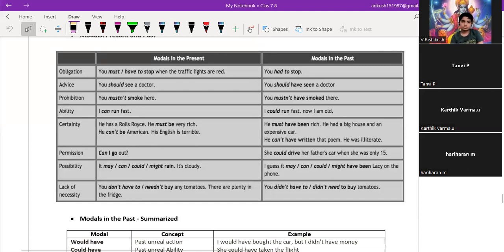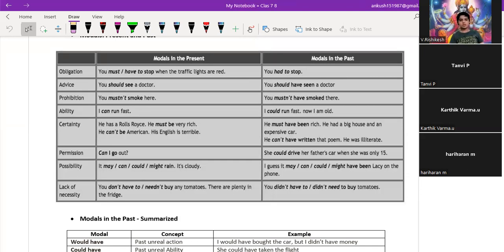Tanvi, you start again. Certainty. Yes, sir. Certainty. Modals in the present. He has a Rolls Royce. He must be very rich. What is Rolls Royce? Sir, it's an expensive car. It's not a brand, it's a type of car.